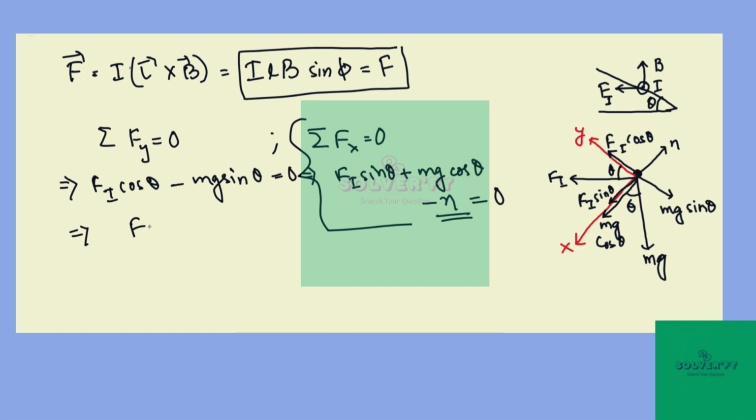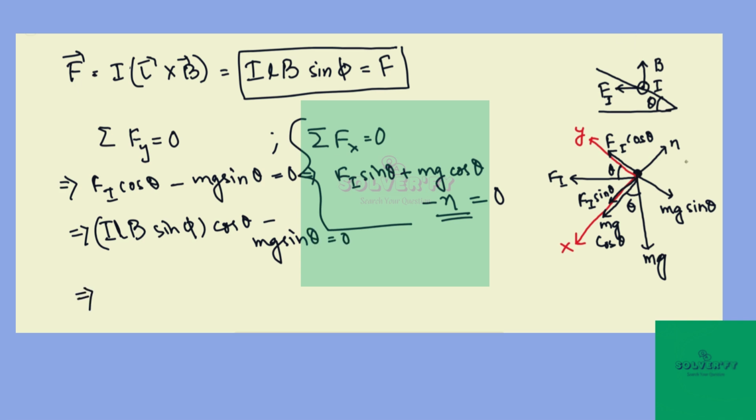Before solving, let's use the equation of the magnetic force, so we are going to use this equation, I L B sine phi times cos theta, minus mg sin theta equals 0.